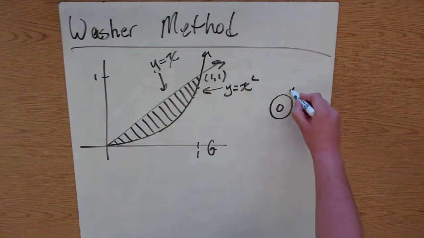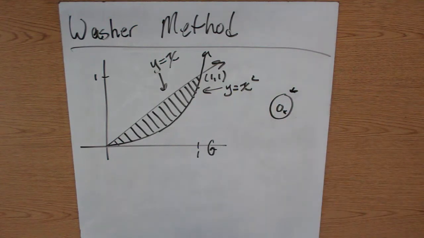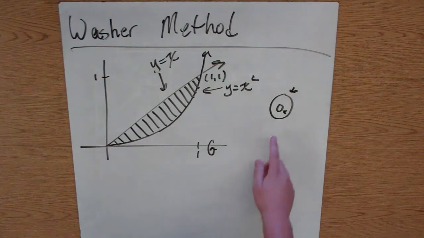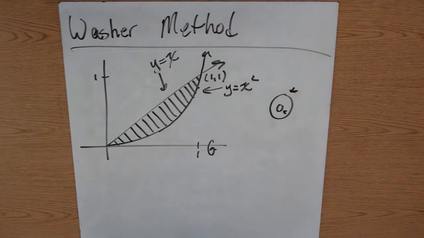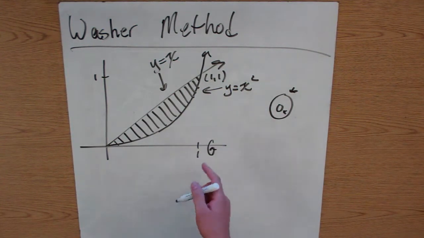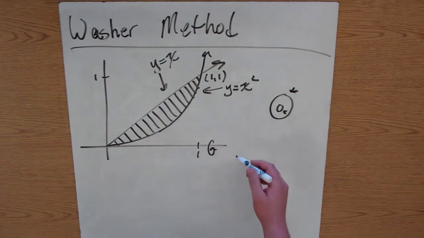The good thing is both of these will always be circles, so it's really easy to figure out what the area of the washer, so to speak, is. Because if we revolve this around, it's going to create an outer edge and an inner edge.